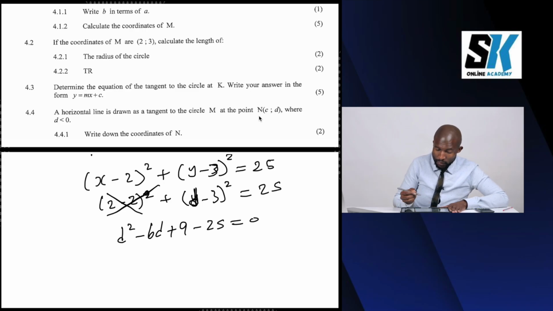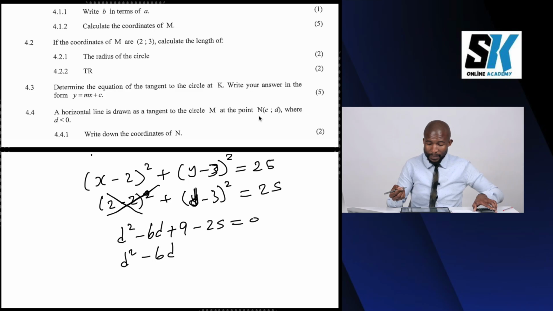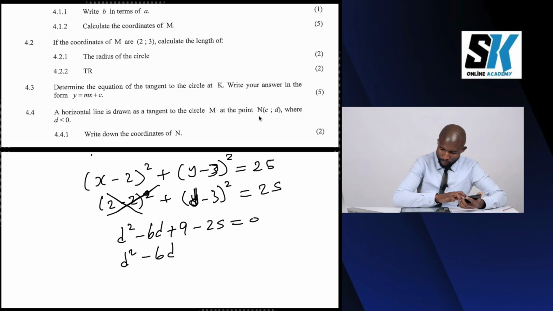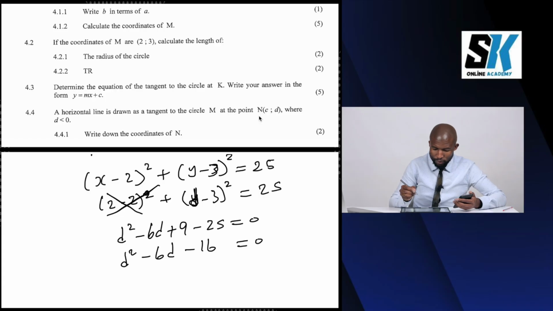And then we're going to use our algebra again. We have d squared minus 6d, and 9 minus 25 is going to be negative 16, equals 0.